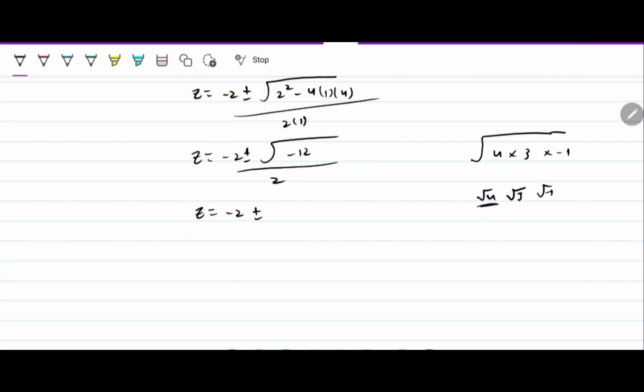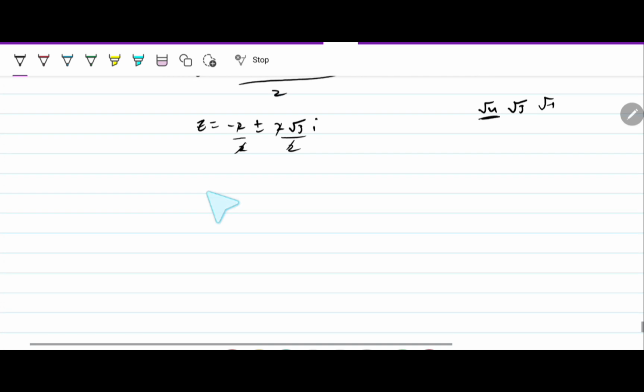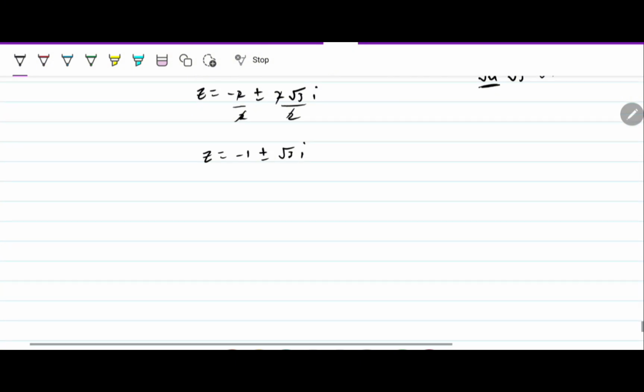Now root 4 gives me 2, right? So I have 2 times the root of 3 times i, right? All over 2. Now, breaking this up, the bottom here, these 2's cancel out. So I essentially have z is minus 1 plus or minus the root of 3i, right?